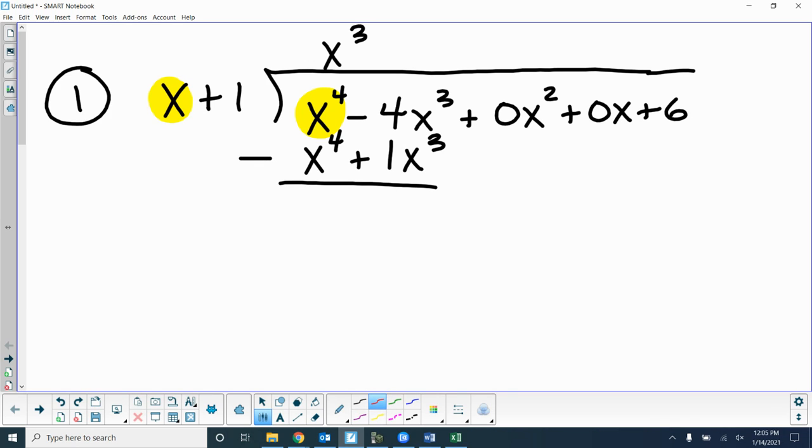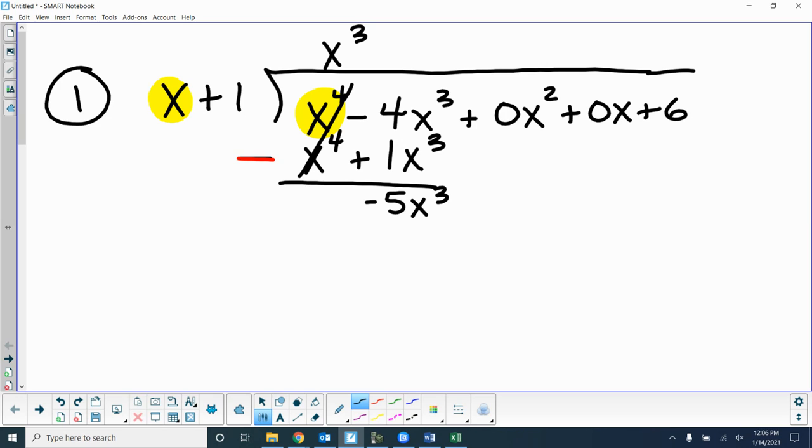Okay, so that red line is a subtraction symbol. So, what is 1x to the fourth minus 1x to the fourth? 0, right? That's what we want to happen every time at that spot, right? What's negative 4x to the third minus 1x to the third? Negative 5x to the third, right?